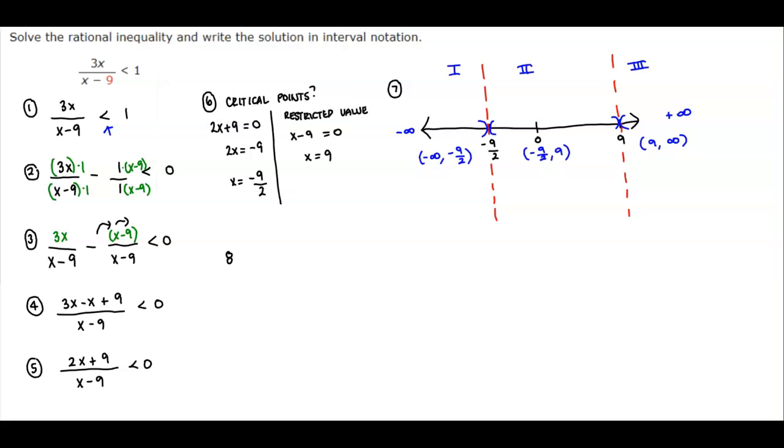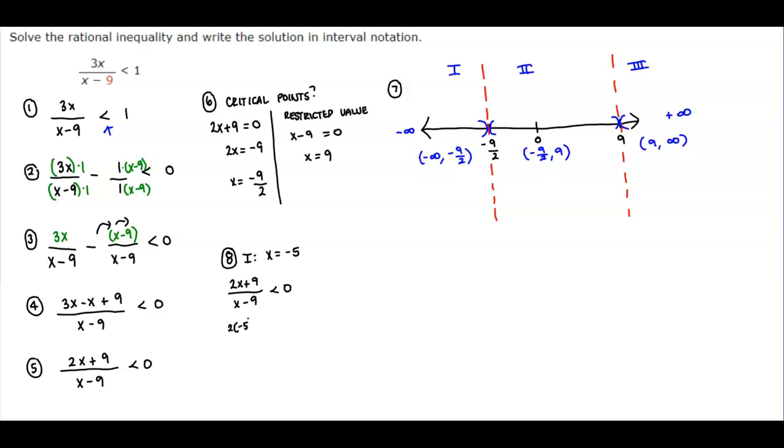Now we're going to select testing points from each region. For region 1, negative 9 halves is the same thing as negative 4.5, so we can pick x equal to negative 5. We plug it into the inequality, 2x plus 9 over x minus 9, and see if that's less than 0.